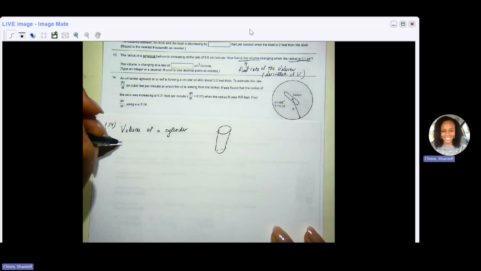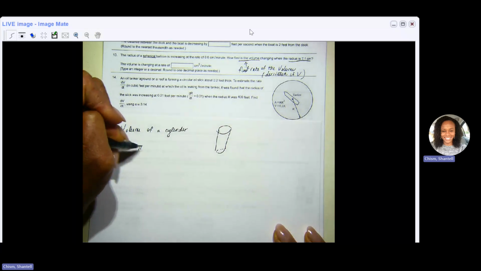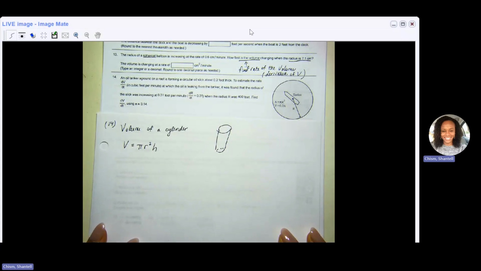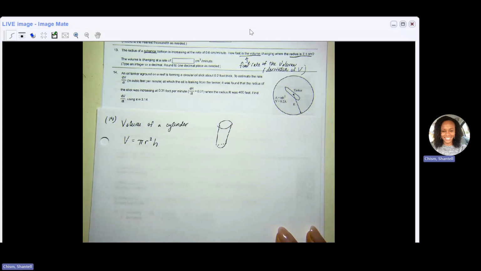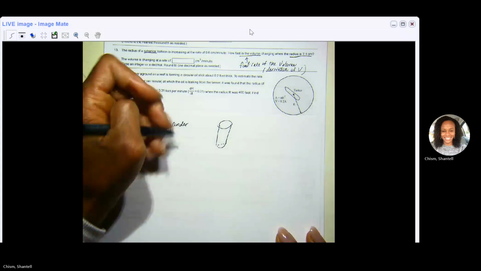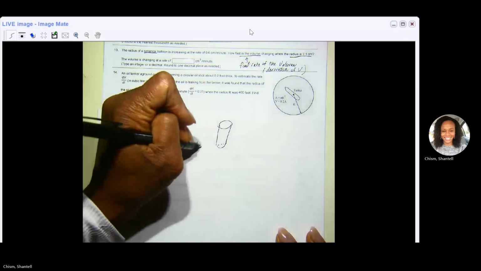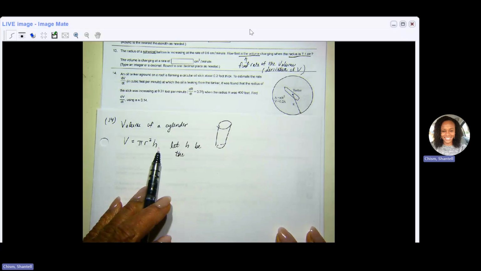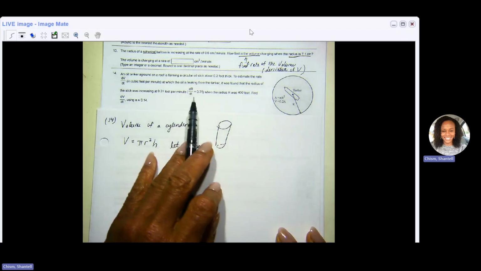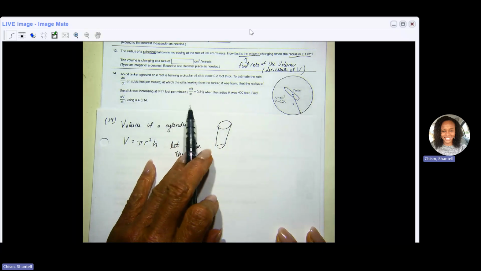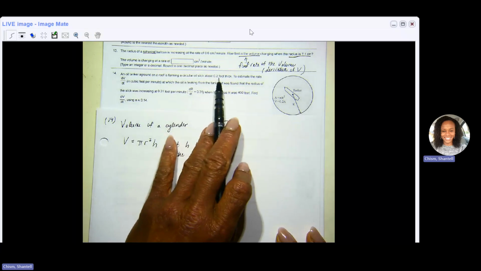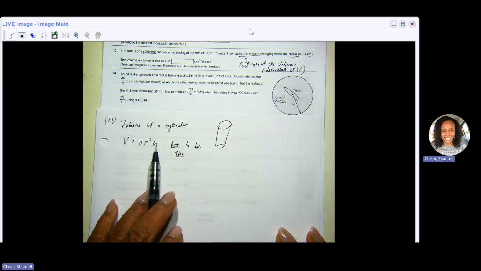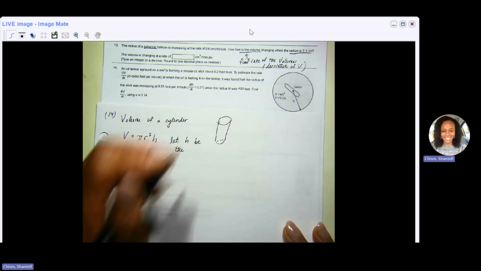Volume of a cylinder is pi r squared times h, where h is the thickness. Let h be the thickness, because we only have two variables, r and h. We already know r is the radius, and they give us the rate at which the radius is changing. So this other value that they provide for us, that constant value, 0.2 foot thick, we're going to let h be the thickness.